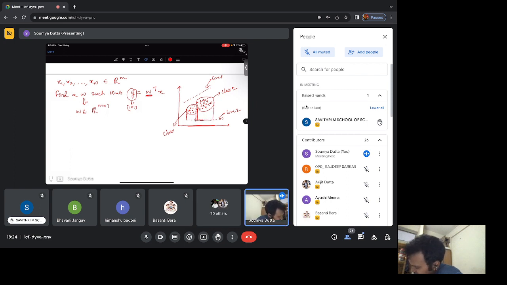So this becomes your class 2 area, this becomes your class 1 area, and this area is common. This is one situation that you see.